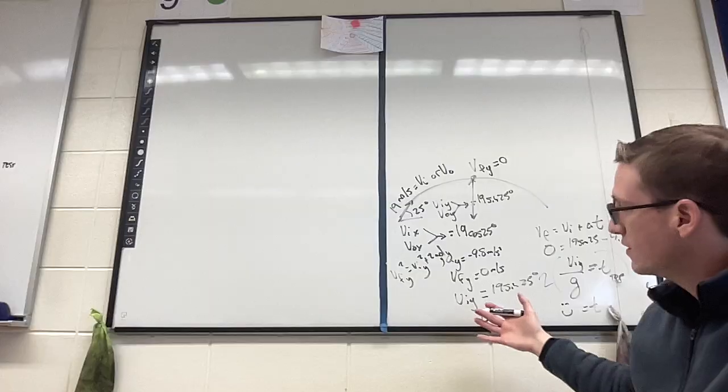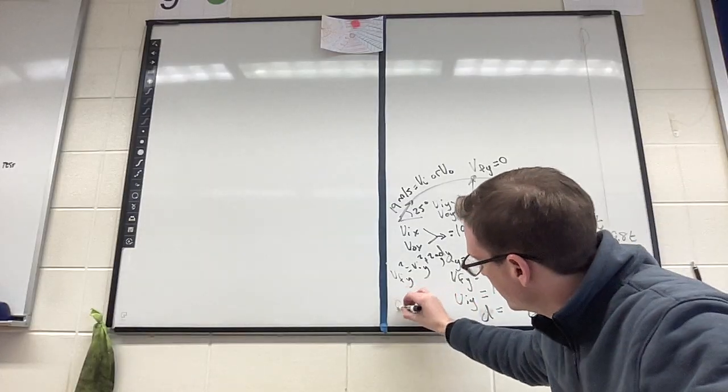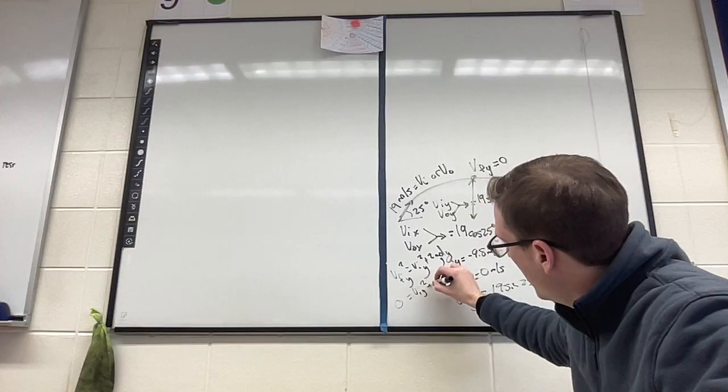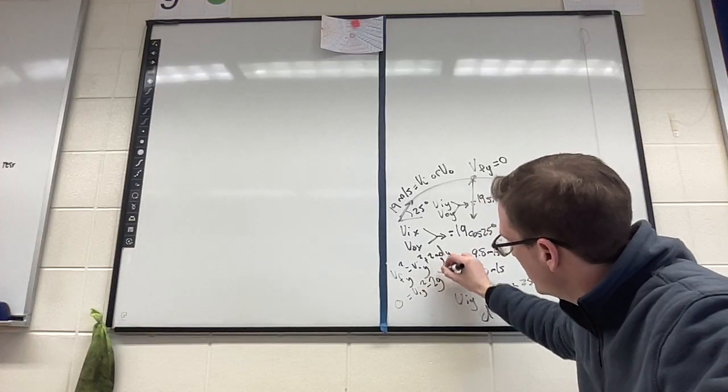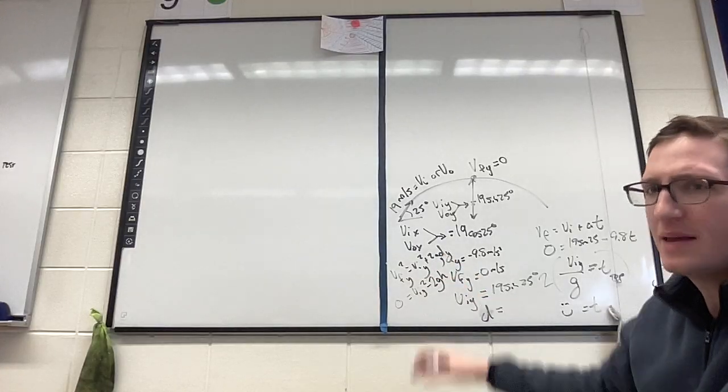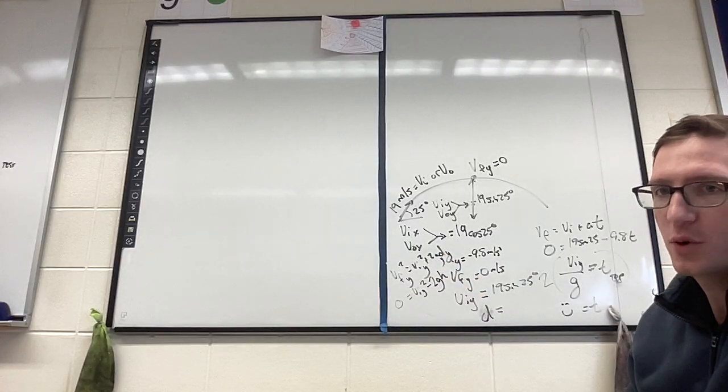So you might have seen equations that say 0 equals V initial y squared minus 2gh. But it's ultimately the same equation as VF squared equals VI squared plus 2AD.